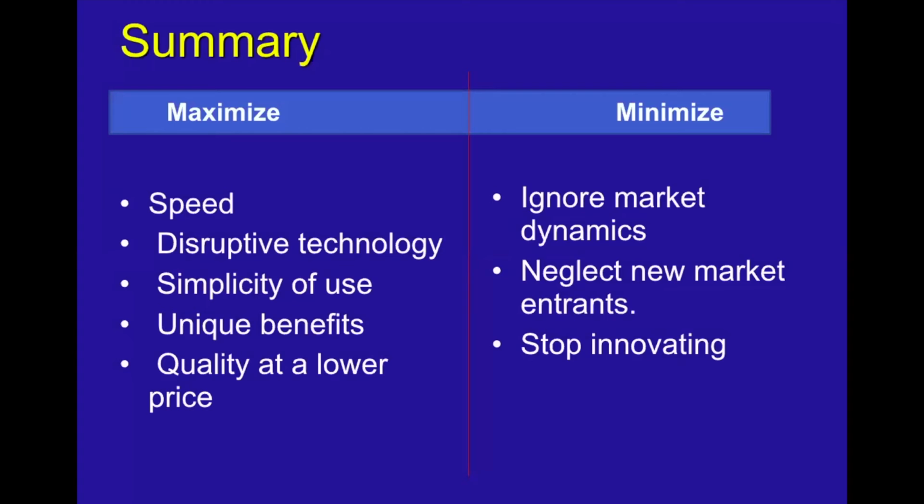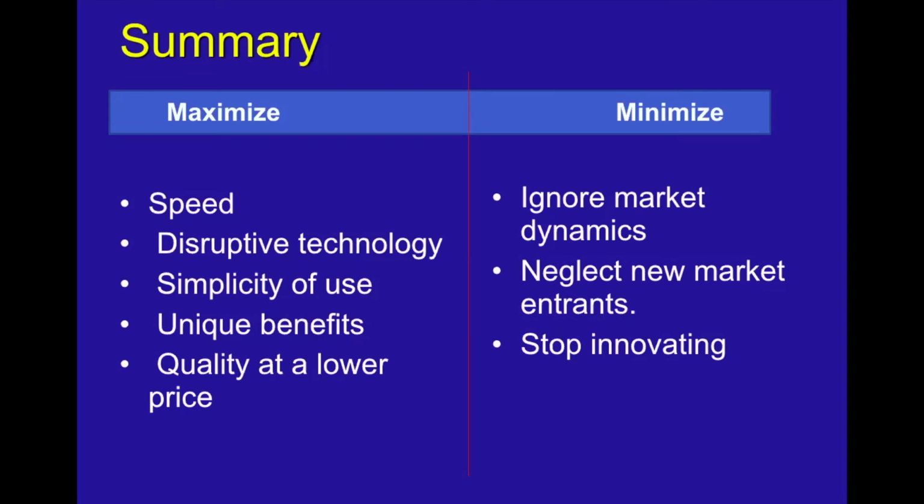So here's a summary slide as to how you can either maximize or minimize enterprise value. And like we said in the last video, to maximize enterprise value, you can either increase the speed of delivery, you can have disruptive technology, you can use simplicity of use, you can use unique benefits, or you can offer quality at a lower price.